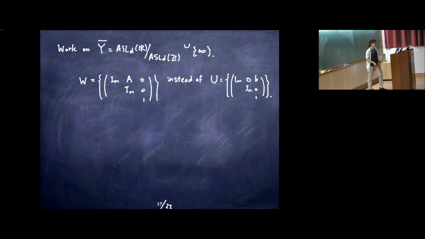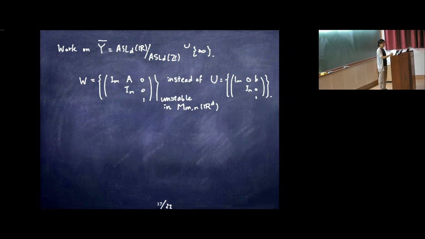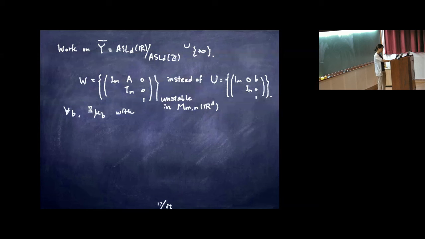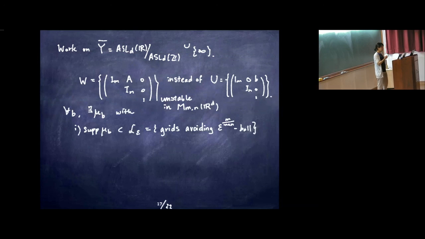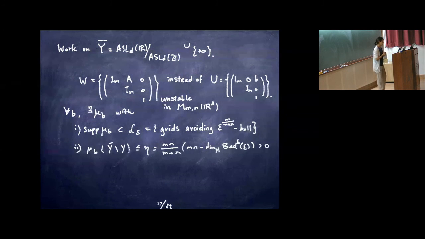Except that now we have some escape of mass on average, so we compactify the space of grids, and we switch the unstable subgroup that we want to work with. And so now we can find, as before, this measure mu_b such that the support is in L_epsilon, and the measure at infinity is less than eta, which is some positive number.